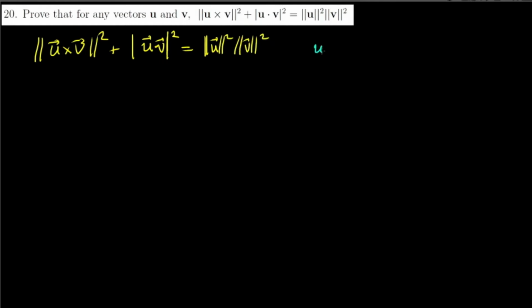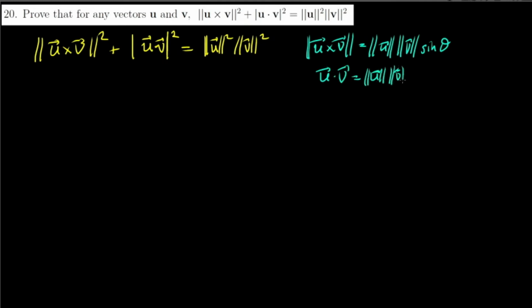If you remember, there's a formula for u cross v, or at least the magnitude of that. It's just the magnitude of u times the magnitude of v times the sine of the angle between vectors u and v. And then u dot v is just the magnitude of u times the magnitude of v times the cosine of the angle.